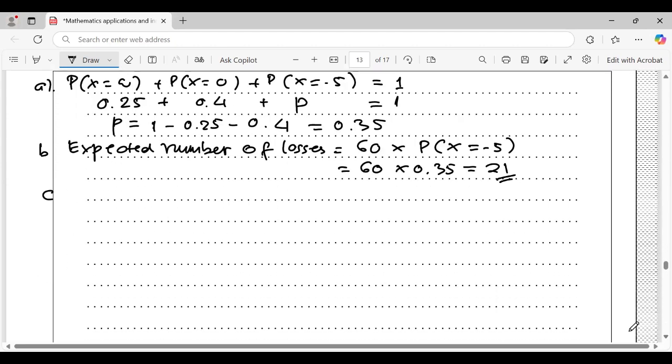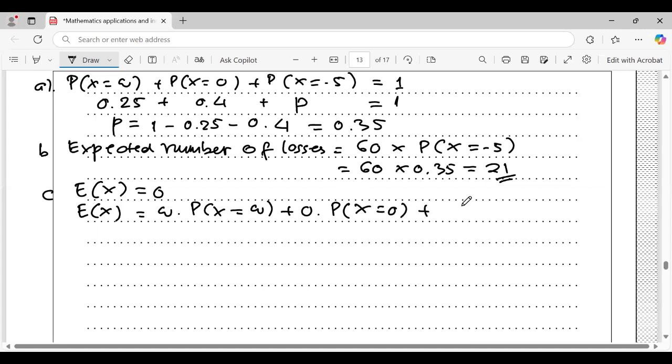Calculate the value of W given that the game is fair. If the game is fair, it means the expectation should be 0. We use the formula that E of X equals W times the probability of W, plus 0 times the probability X equals 0, plus minus 5 times the probability X equals minus 5.